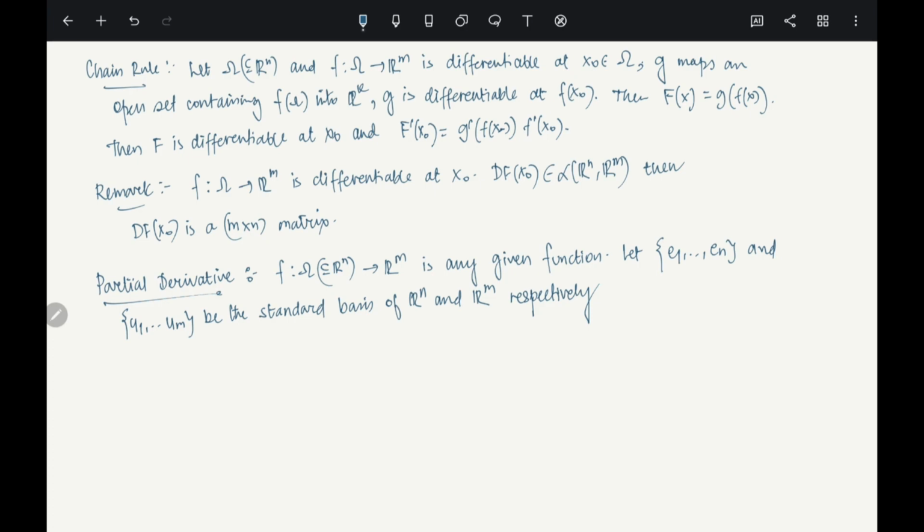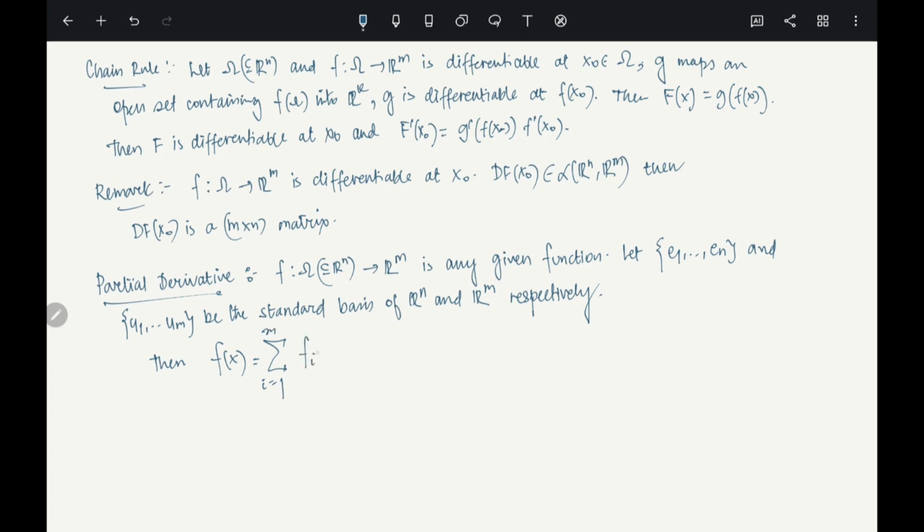Now, for any point x in Omega, f of x will look like this: the summation, i equals 1 to m, of f_i of x times u_i. Because f of x is an element of R^m, there we will have m components.